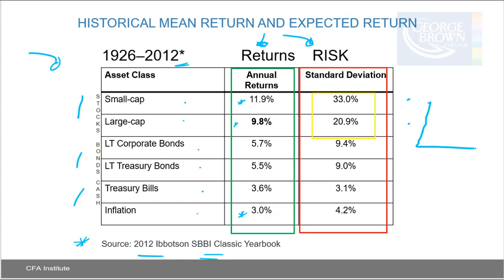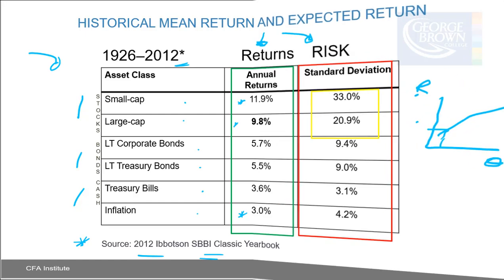So we often plot that graphically. On the y-axis we have return, and on the x-axis we've got standard deviation, and it's an upward sloping curve. The lower the risk, the lower the return, and that's typically the trade-off in finance.